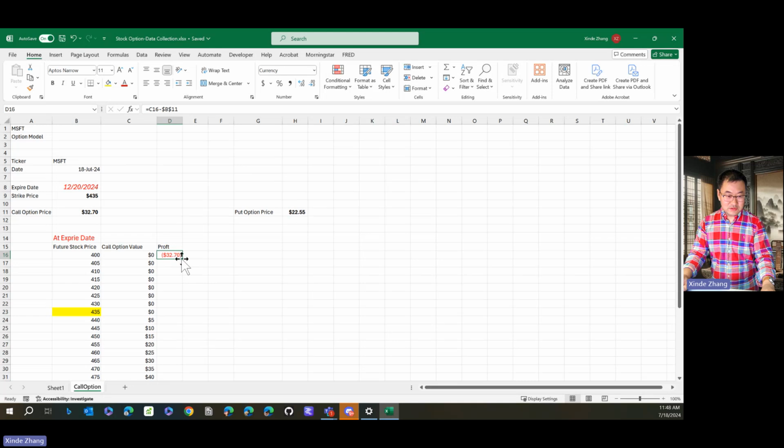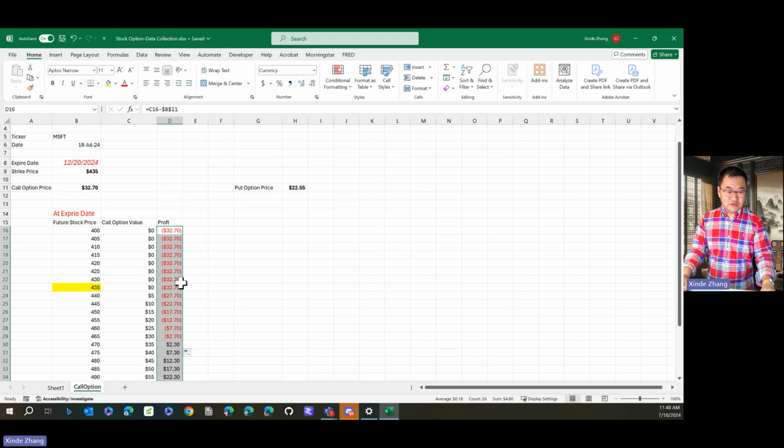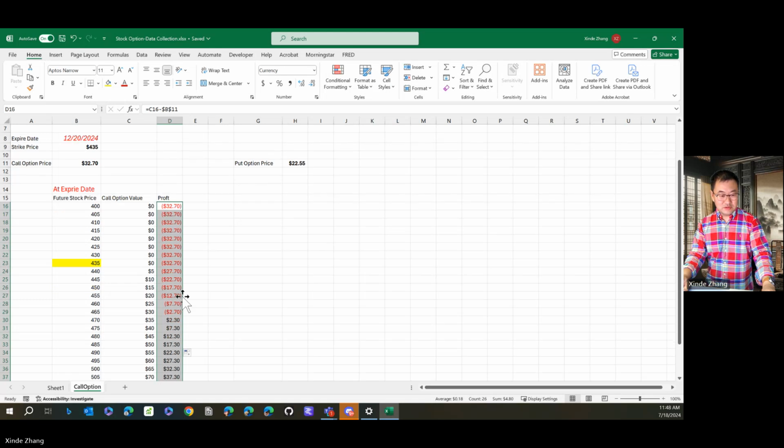And now let's use a double click technique. I'm going to double click it. Okay, so those are going to be the profit or loss for the call option. Let's dig into it, right?